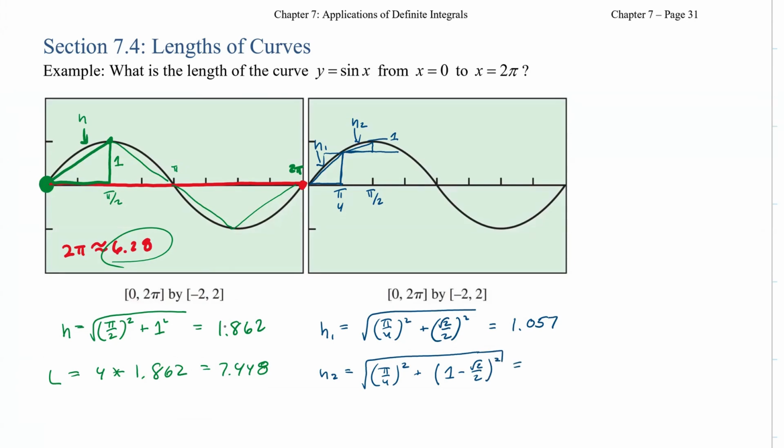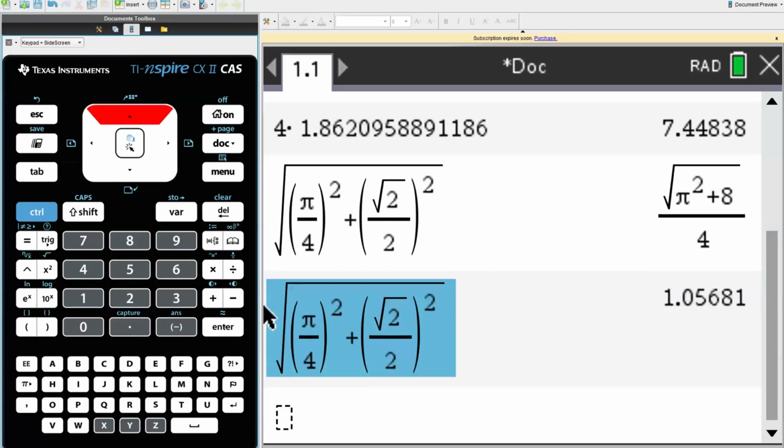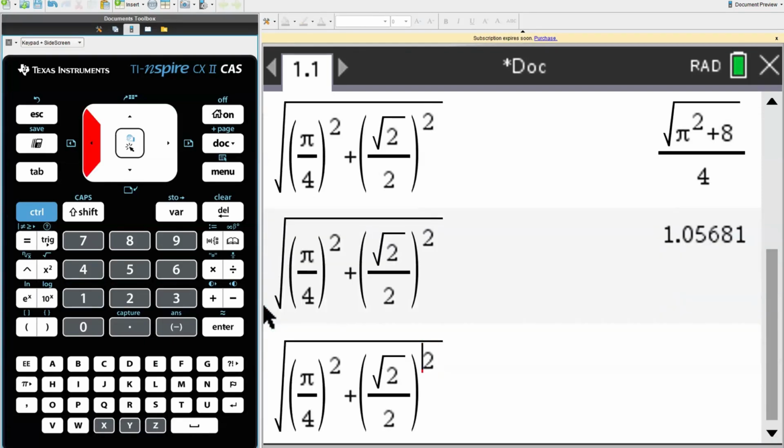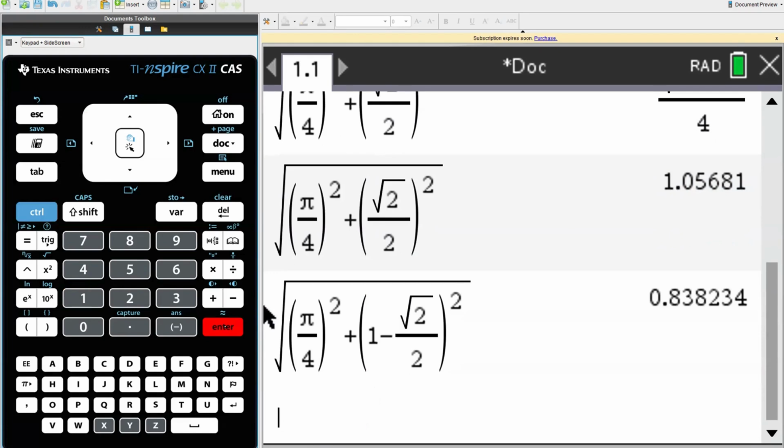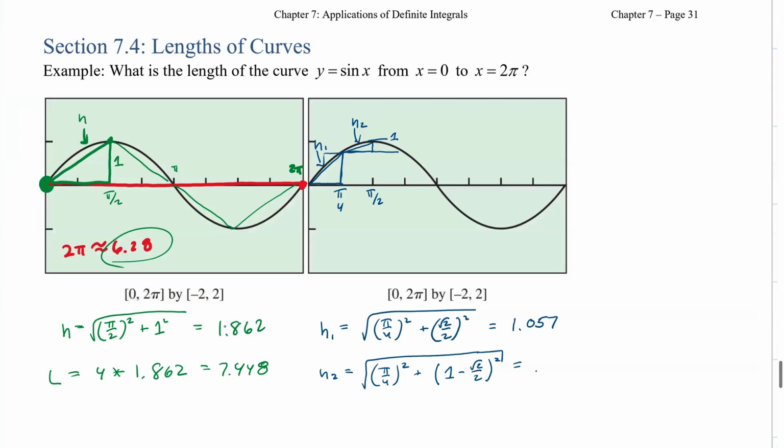I think I can just edit this and just say 1 minus that and get a reasonable estimate, 0.838.